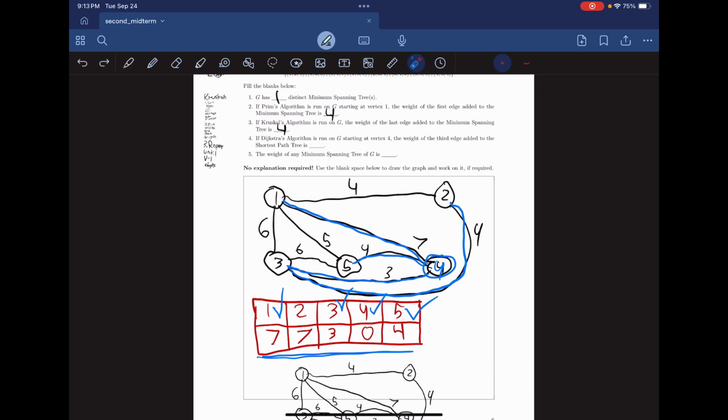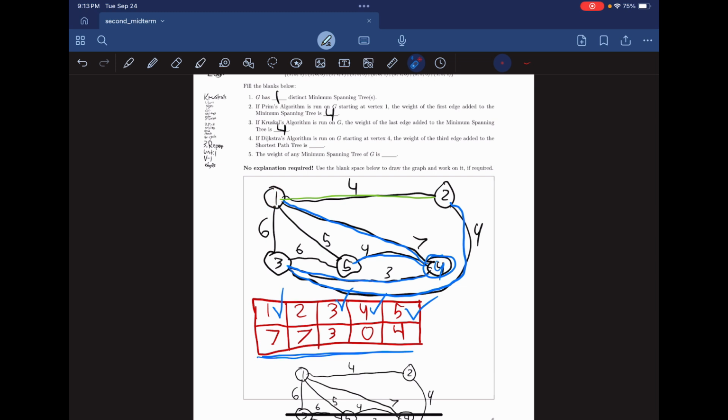Lastly, we have the edge between 1 and 2. The edge has weight 4. And so what we're looking at is, is the current distance to 2 greater than or less than the distance to 1 plus the weight of the edge?